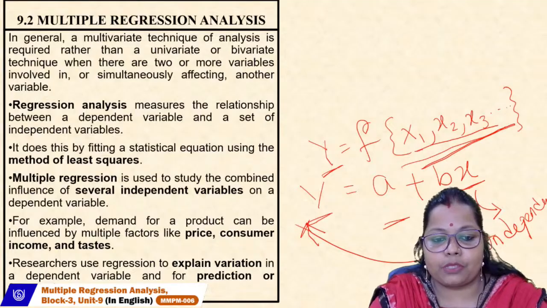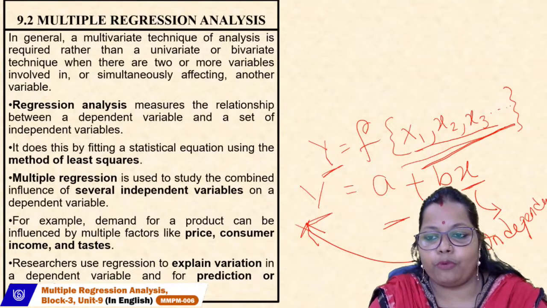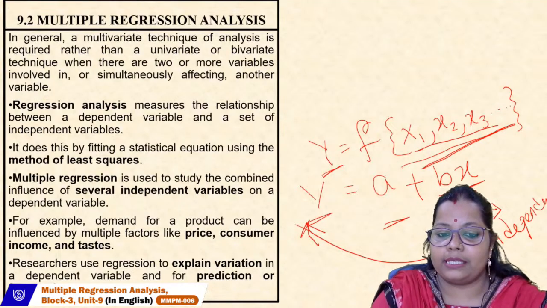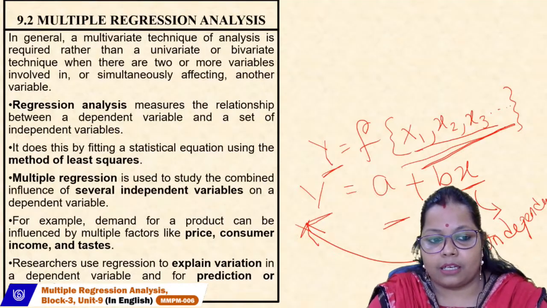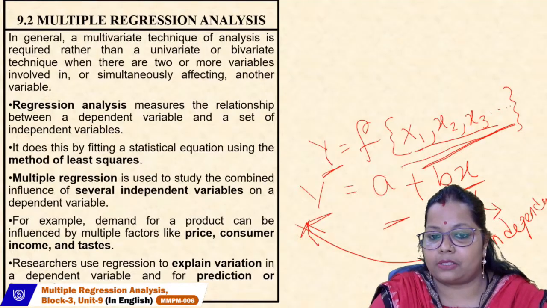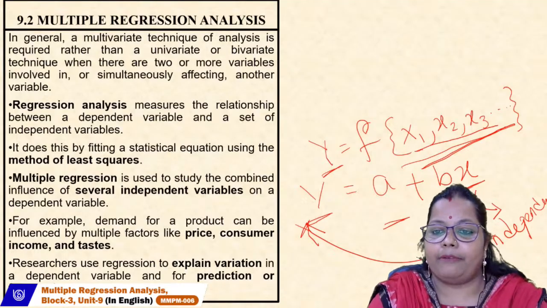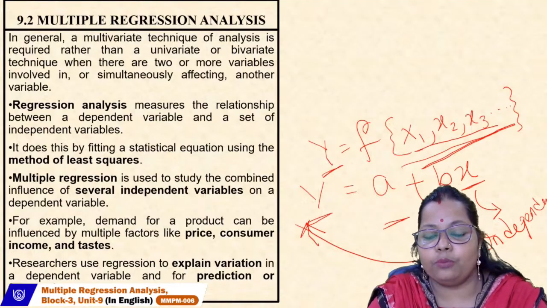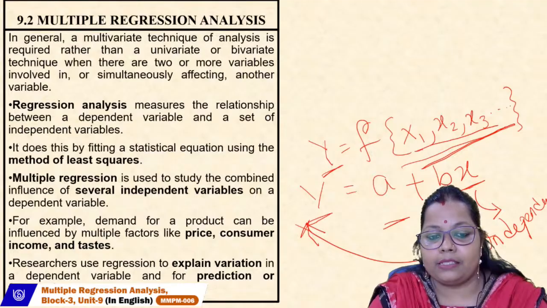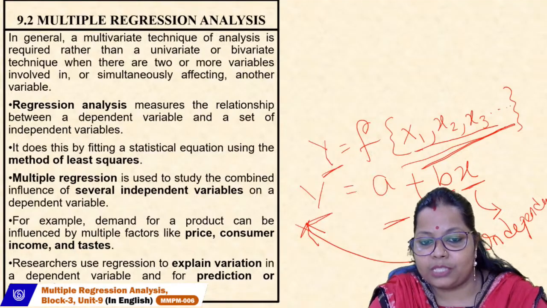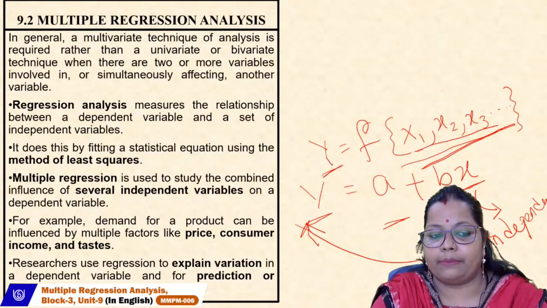Many things are possible, but I have given only these factors. Price, consumer income, and tastes are the independent variables, and they are affecting whom? The demand. Demand is the dependent variable, which is purely depending on these variables.